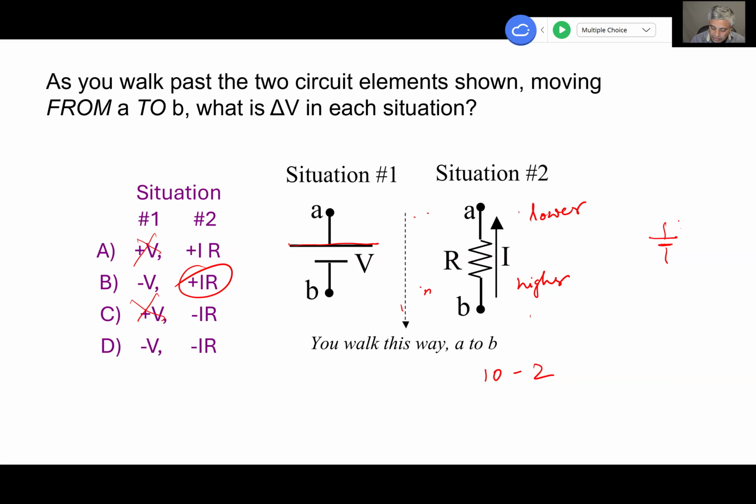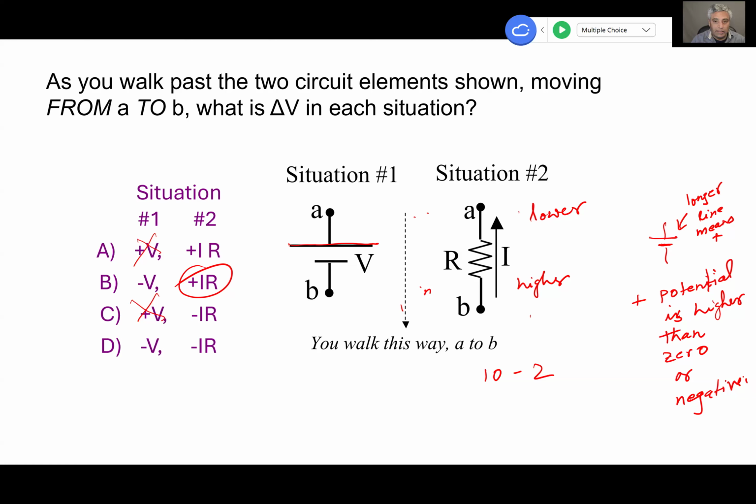Longer line means positive, and positive potential is higher than 0 or negative. Okay.